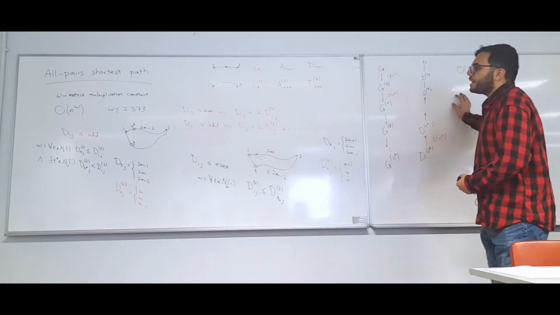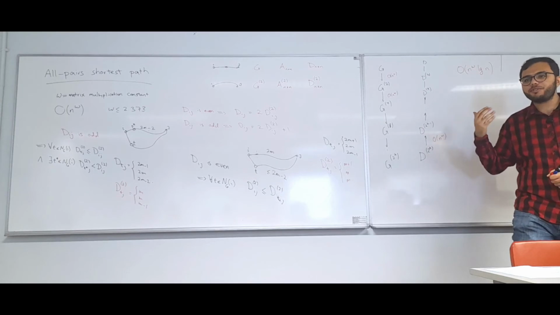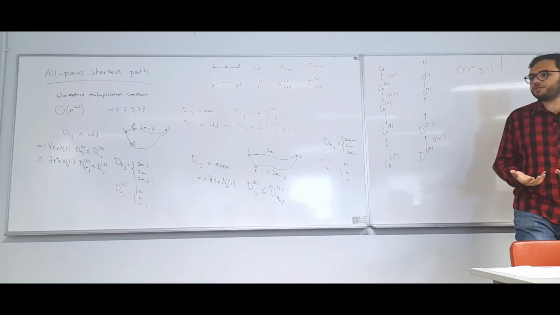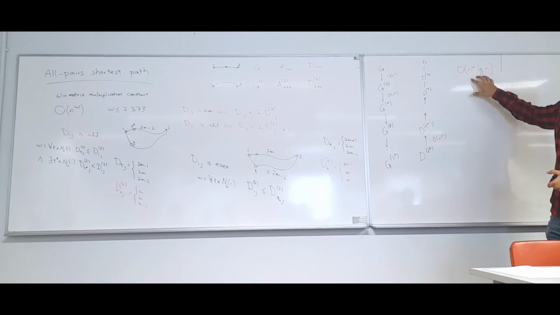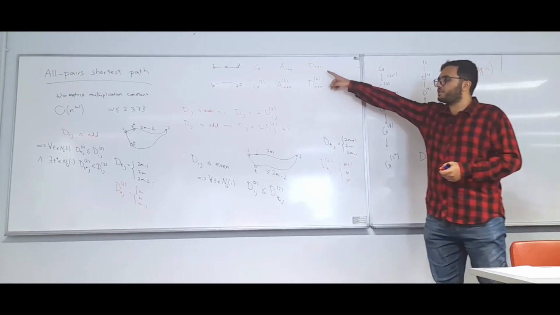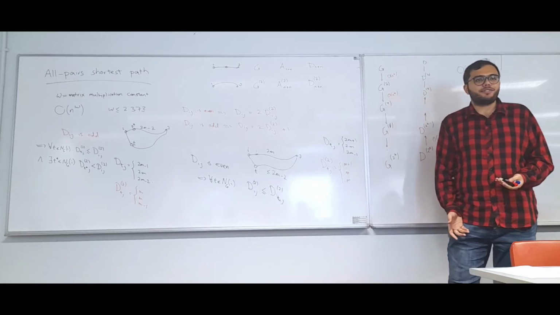Now, I have this thing that is better than n cubed. And I can use it as my pre-processing. So let's go back to our original problem again. Our original problem was that I'm given a graph and I have to answer a bunch of queries. So I can do this pre-processing and it's much faster now. But how do I answer the queries? When I'm given two vertices i and j, I can just look up their distance from this matrix that I've computed. But how do I find the path itself?